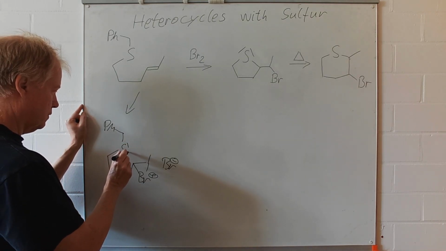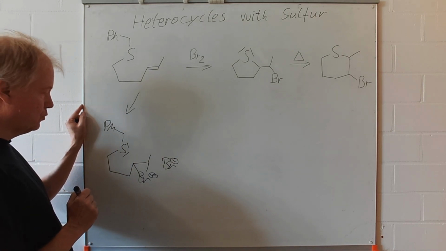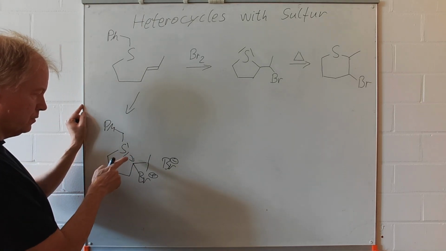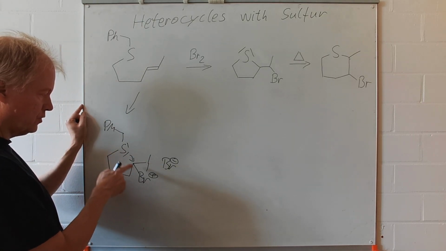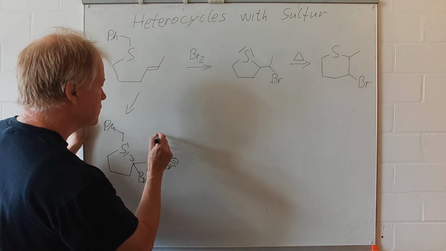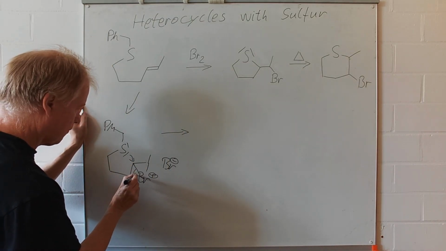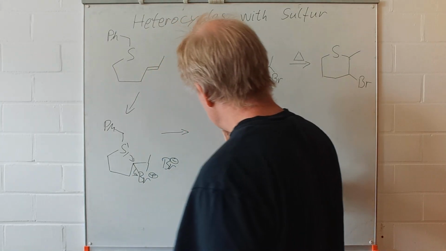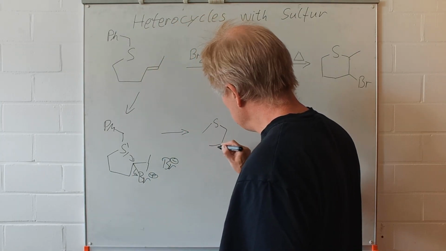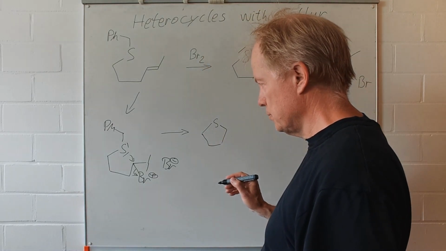Now, the sulfur can react as a nucleophile, for instance reacting here in some kind of SN2 reaction. Then the 5-membered ring is already formed.